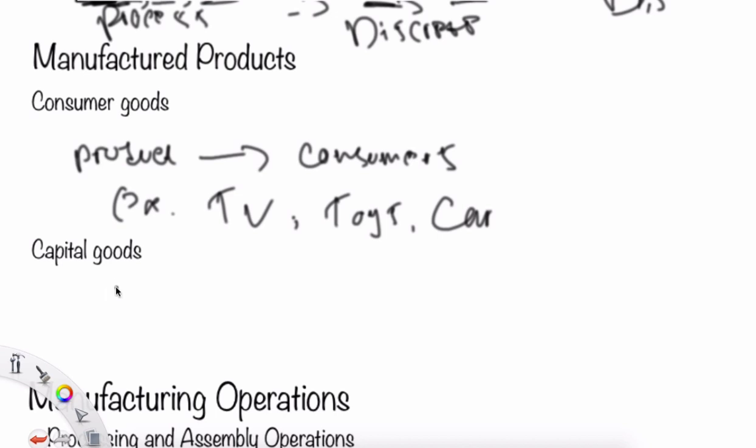And then the capital goods. Capital goods refer to products purchased by other companies to produce goods and supply services.